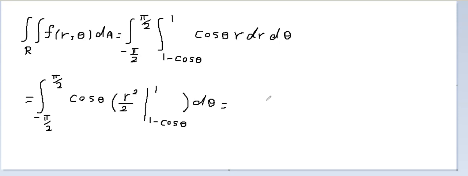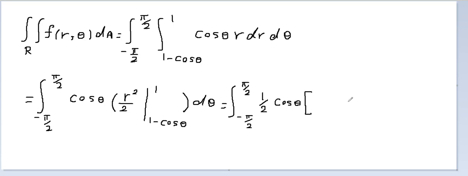Because we have 1/2 here, I can write the integral from minus pi over 2 to pi over 2 of 1/2 cosine theta times the value of r squared.